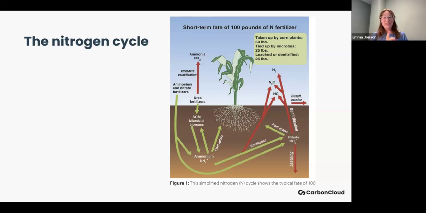Some of it takes a detour through nitrous oxide, and that is a very strong greenhouse gas. So in reality, it's almost impossible to have agriculture without any emissions of nitrous oxide. It will, in one way or another, most certainly happen a little bit, but by choosing how you fertilize, you can reduce emissions from nitrous oxide.